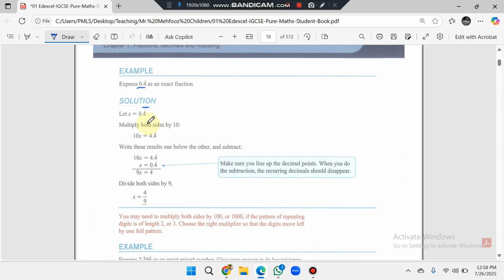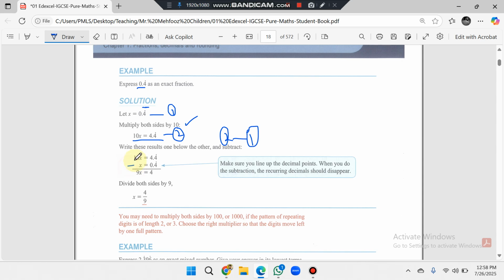So here one digit is repeating, so we multiply both sides by 10, and it becomes 10x equals 4.4 recurring, right? Now you can subtract these two equations. This is your equation 1, this is your equation 2. We subtract equation 1 from equation 2: 10x is 4.4 recurring, and x is 0.4 recurring.